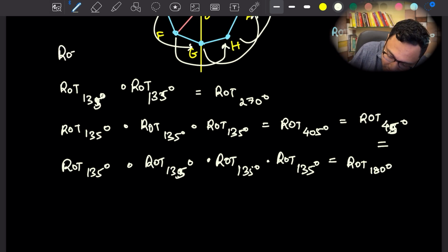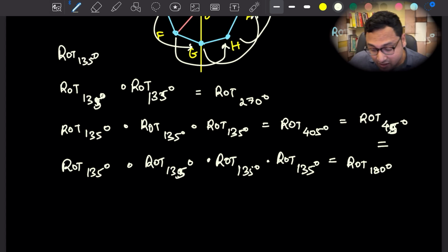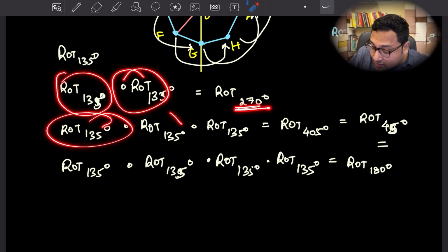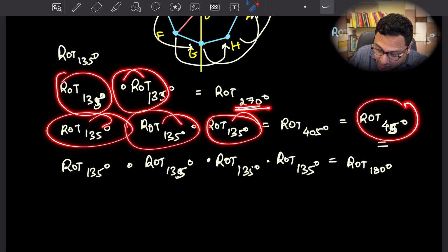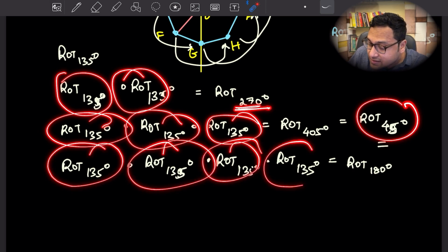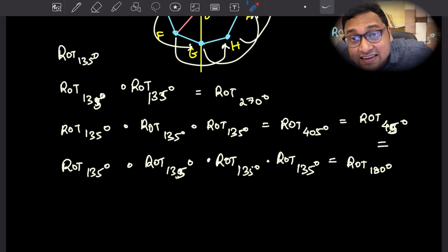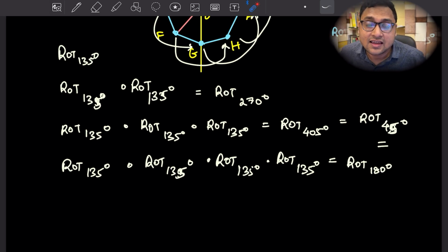So you see what's happening here. You have rotation by 135 degrees to start with, and then you do it twice to get 270, thrice to get 45, 4 times to get 180. So if you do it 5 times, 6 times, 7 times and 8 times, you will get all the rotational symmetries, all of them.